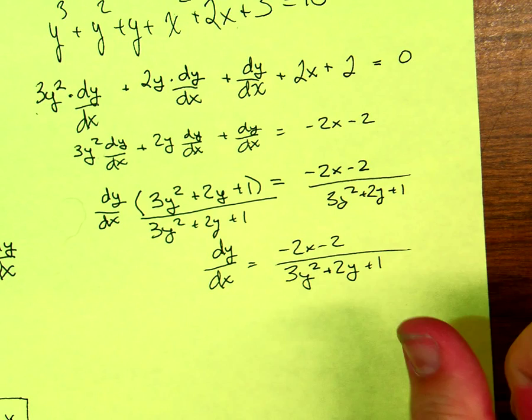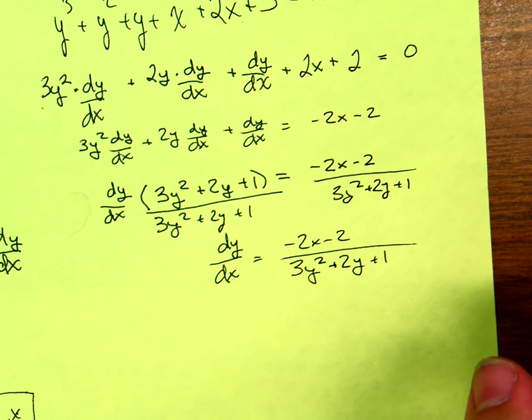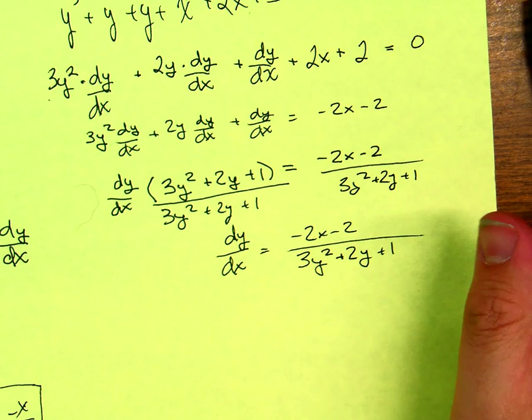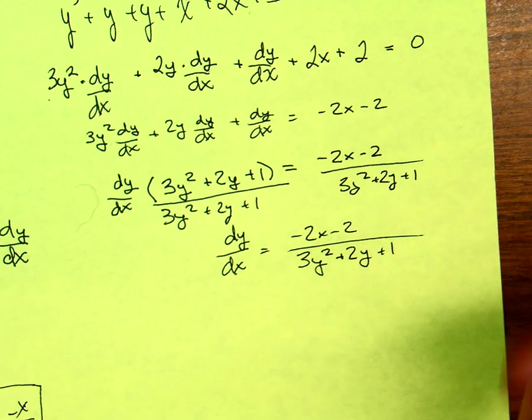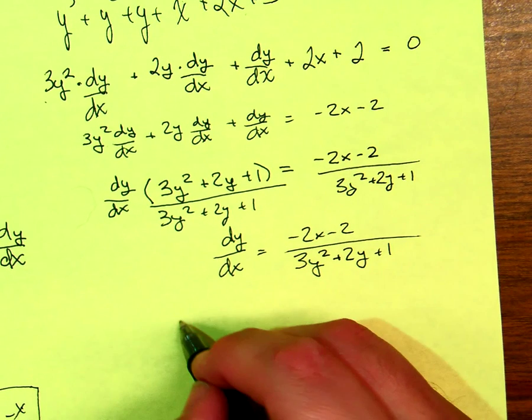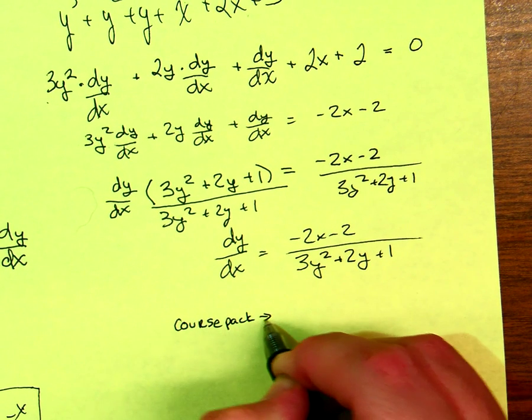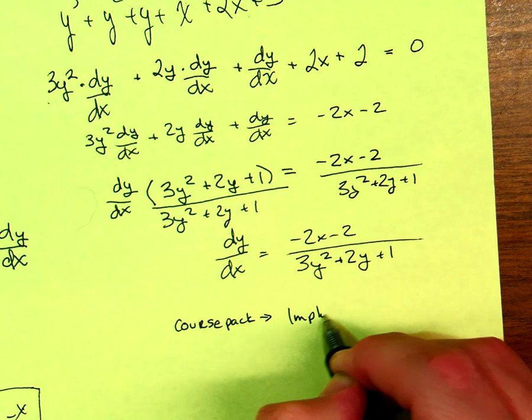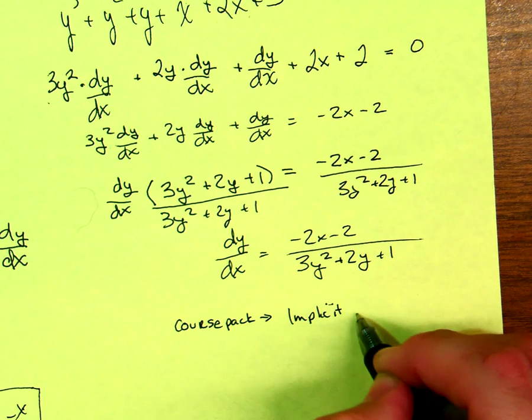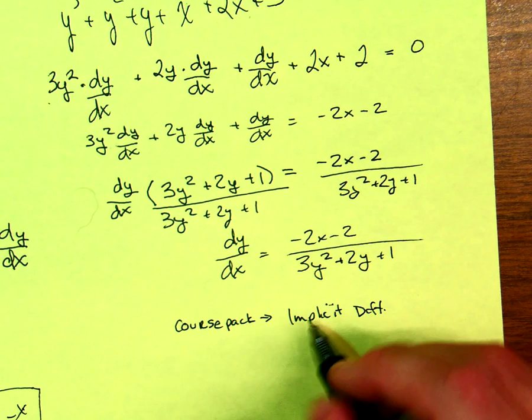All right. Now, your homework in your course pack is the implicit differentiation worksheet. It's 15 problems.